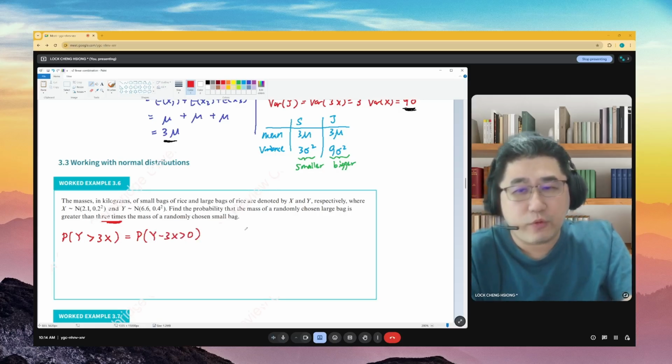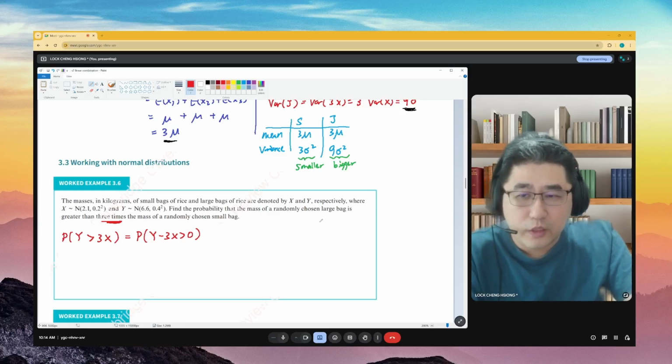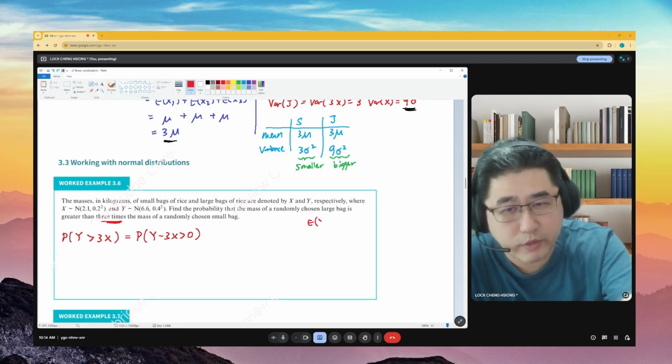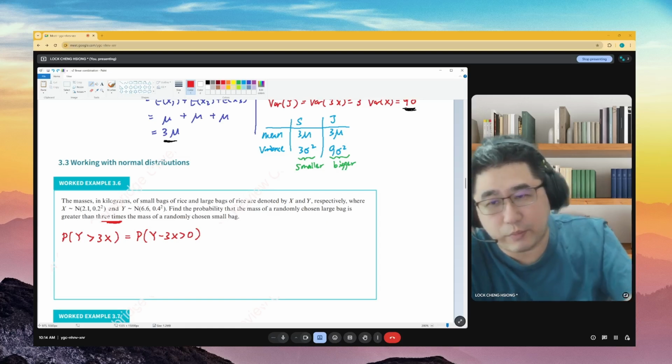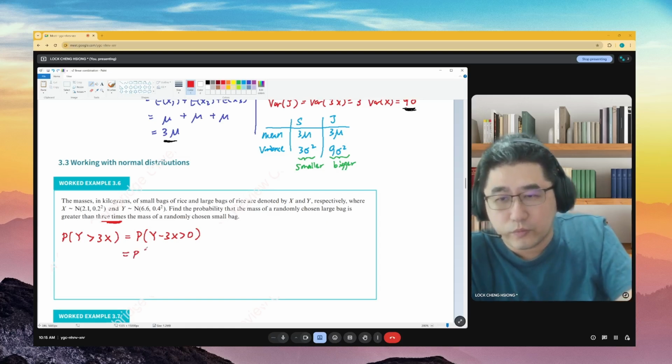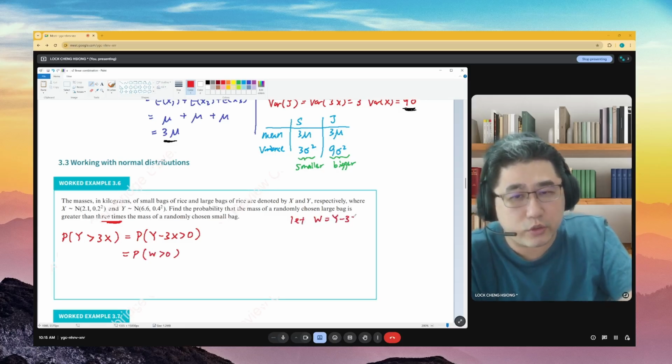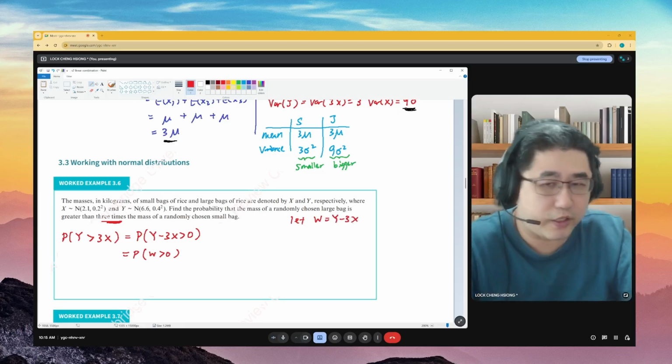After that we need to write the distribution for y minus 3x. Maybe to help you understand better, I will change it into w. Let w equal y minus 3x.